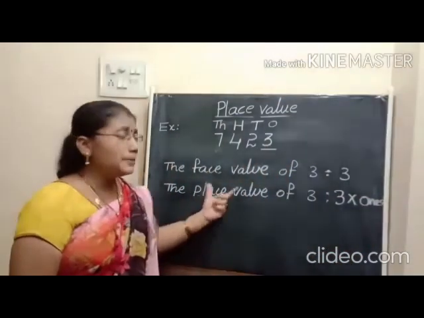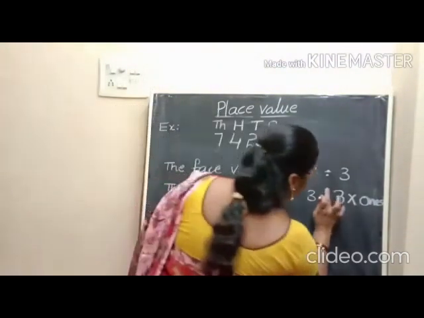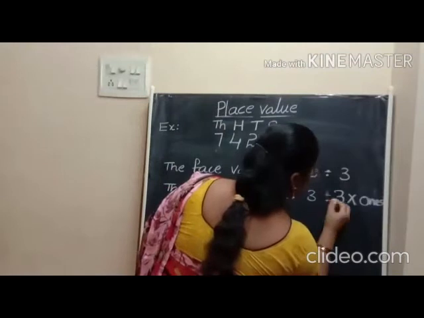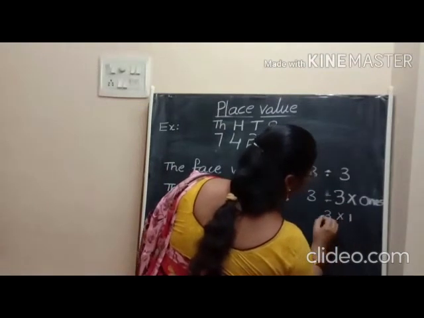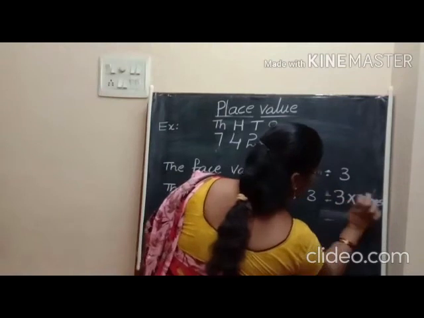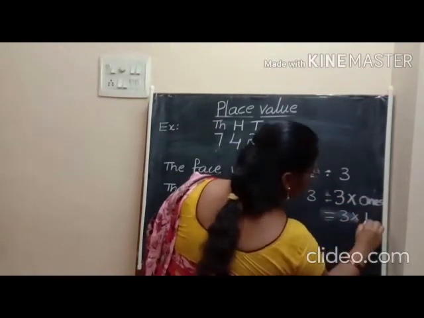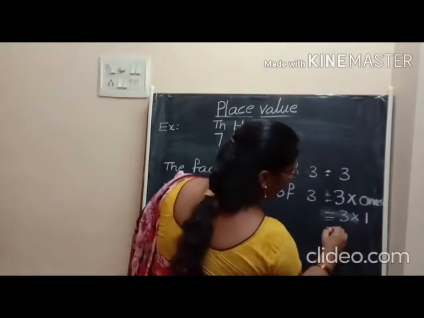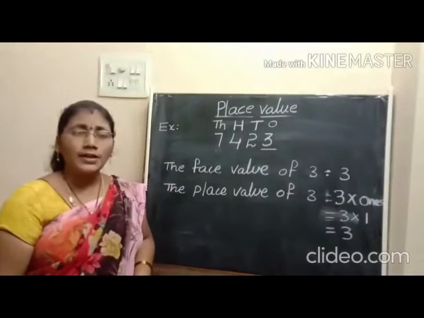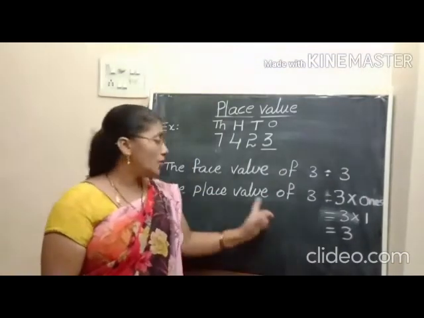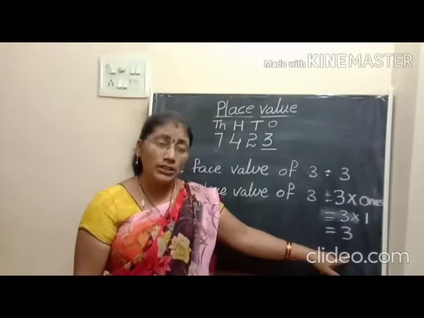By getting the product, what is the result? The result is 3 into 1. How much is it? 3 into 1 is 3 only. So, the place value of 3 is 3.